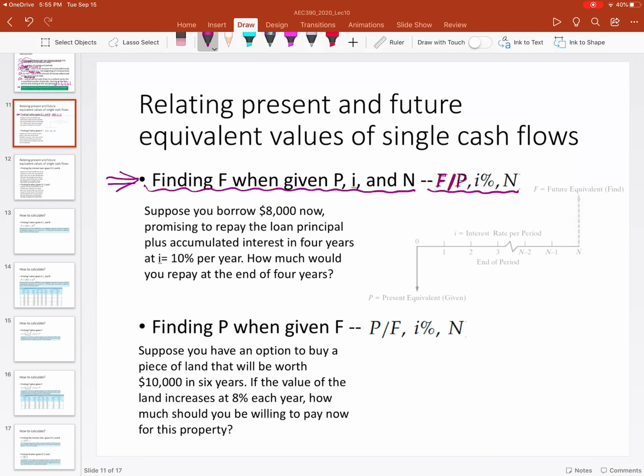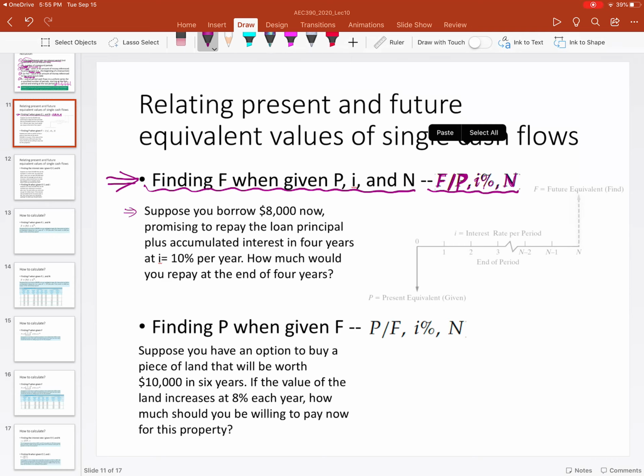So find F given P, the present value, comma, given I, the interest rate, comma, given N, the number of interest periods. That's how you can simplify this scenario. Just try to learn how to write this simplification term.